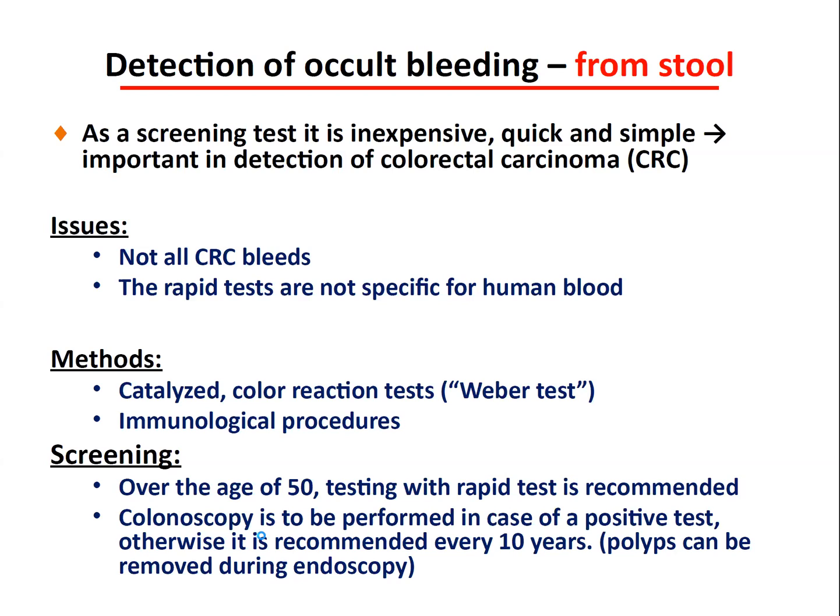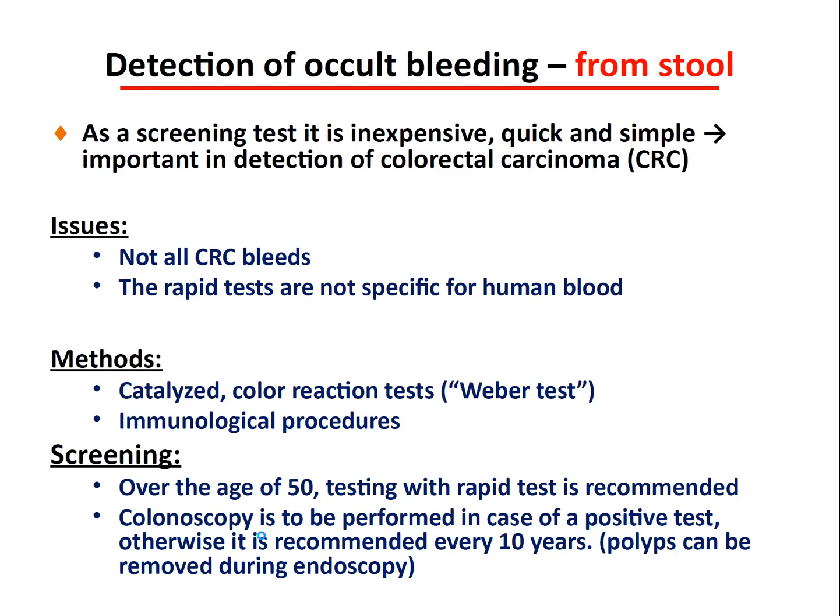The immunological test is a very good one because it can test directly for human hemoglobin. This screening should usually be performed over the age of 50, with a rapid test. This is in Hungary, but colonoscopy should be performed as well.